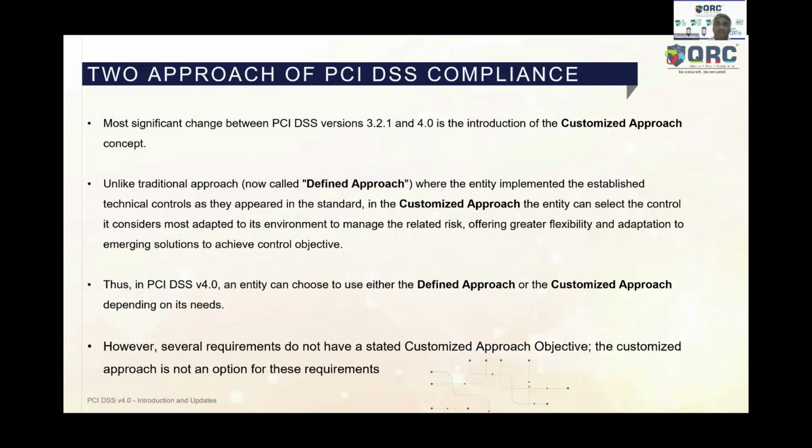Whereas in the customized approach, the entities can select specific controls as per their environment, analyze the risk, and accordingly implement different controls to meet the security objective. So in the customized approach, the organization gets a little bit of flexibility to define their controls to meet the specific objective of that particular requirement.